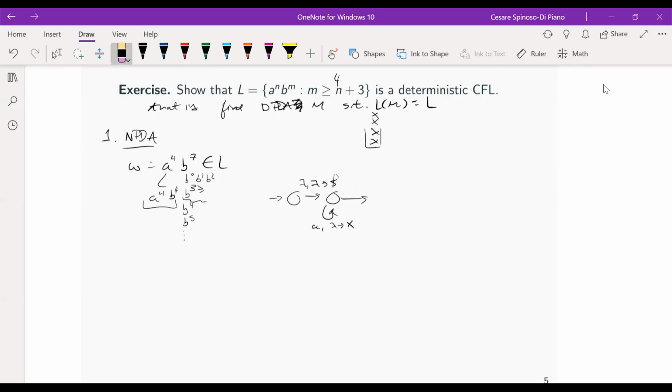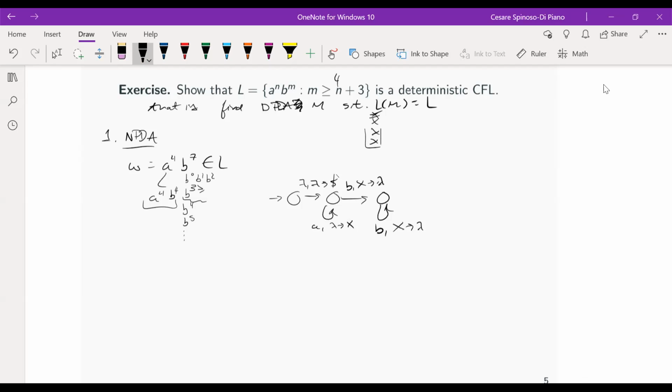Instead I try to be deterministic and say, once you see a b, you start popping. For instance, here you have b^7. So you pop the first X. Now you need to pop 3 more X's. For each b you read, you pop an X.